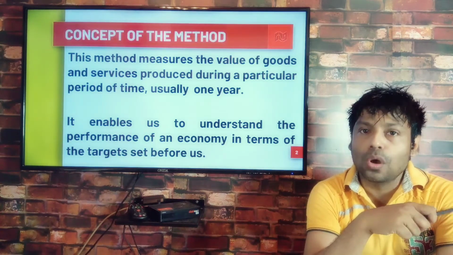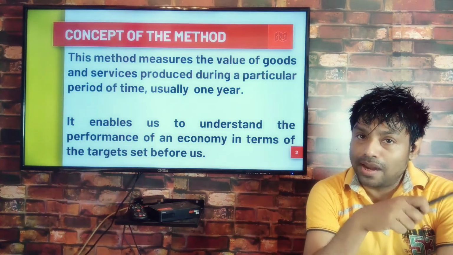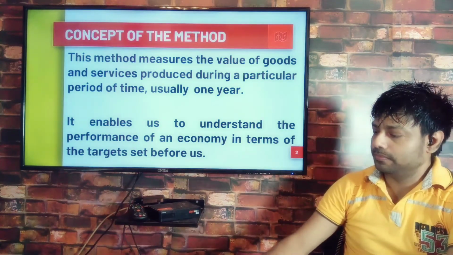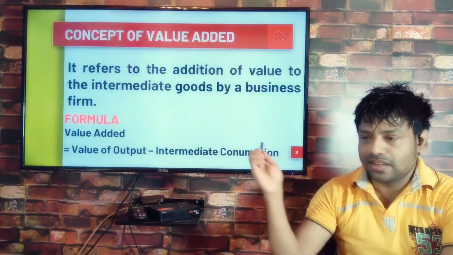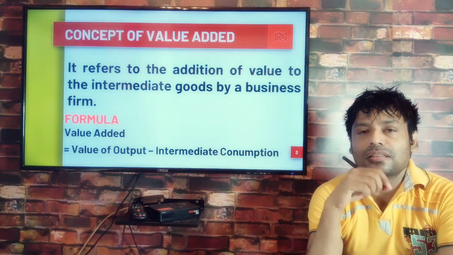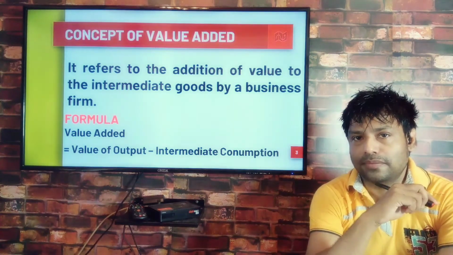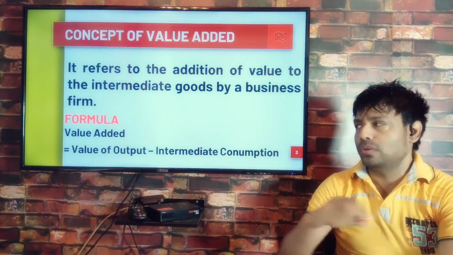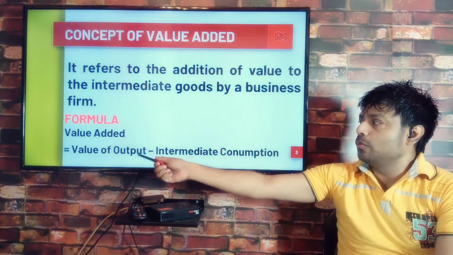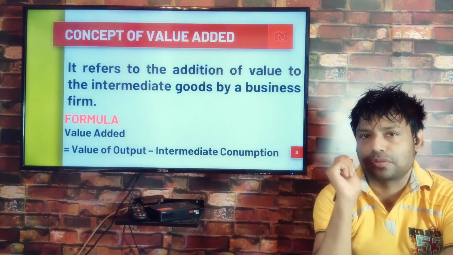Now let us know what value added actually means. On the screen you can see the formula for value added. Value added is equal to value of output minus intermediate consumption.